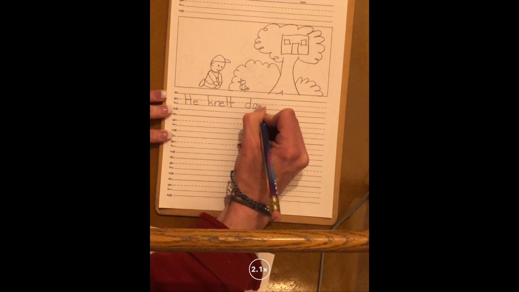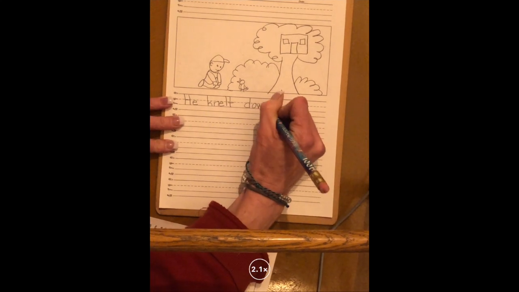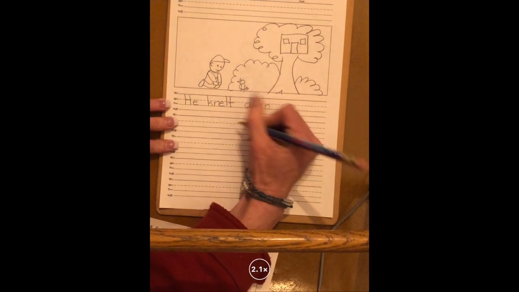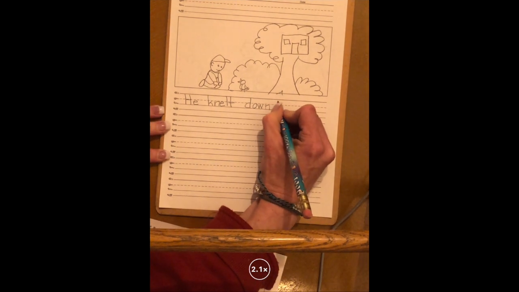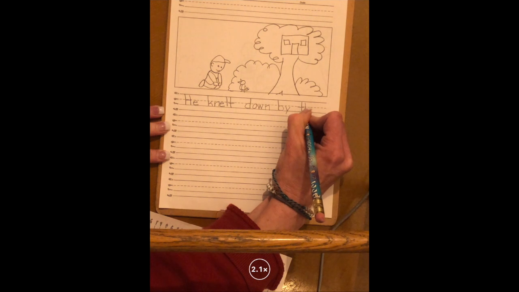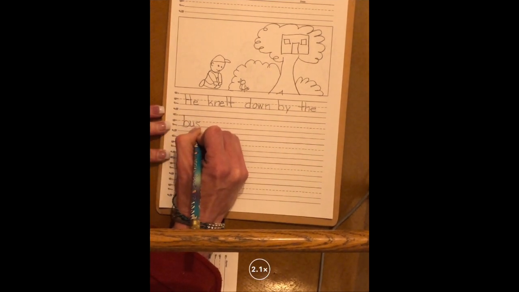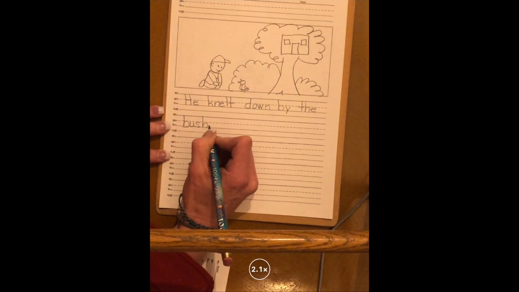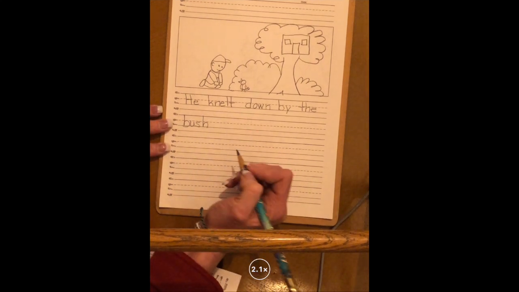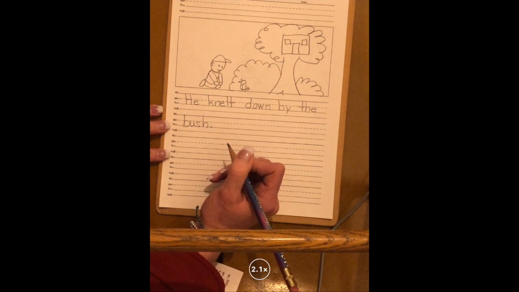Ow, the sound we make when we put a band-aid on. D. Ow. And then, he knelt down by the bush, because that's where he heard the sound. He knelt down by the bush. What goes at the end of my sentence? A period. Okay, he knelt down by the bush.